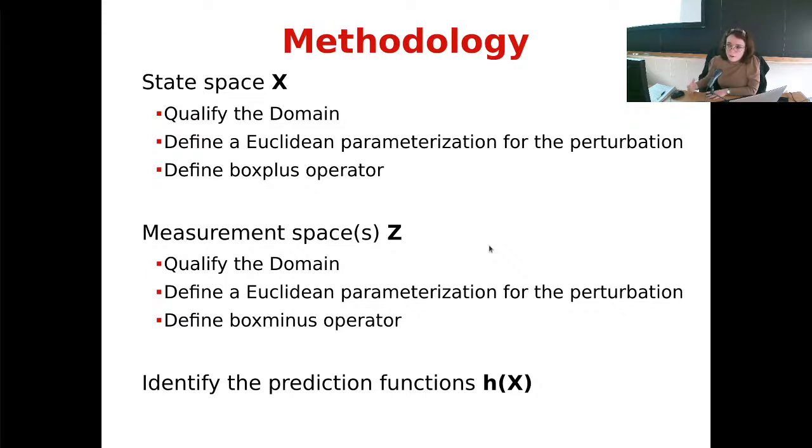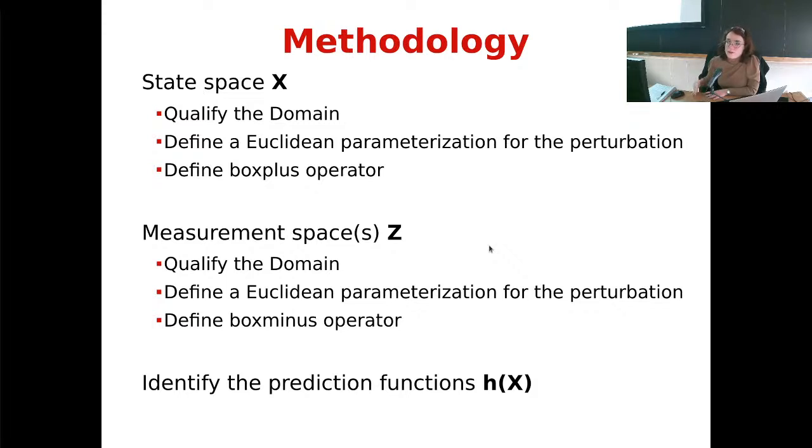After you have qualified the domain, you need to define a Euclidean parameterization for the perturbation. The Euclidean parameterization will be the domain of the chart, of the perturbation which lies on the chart.